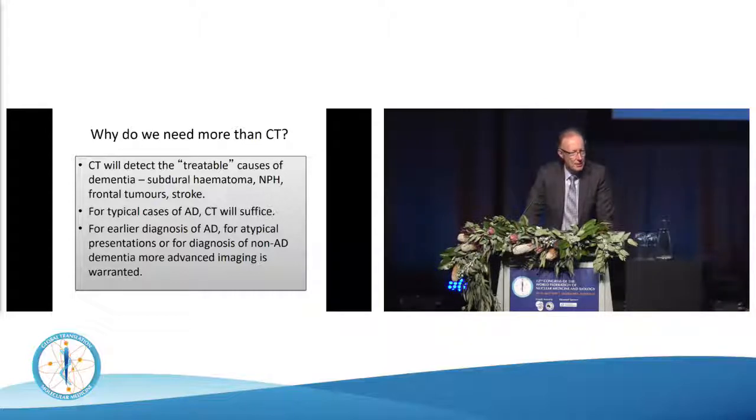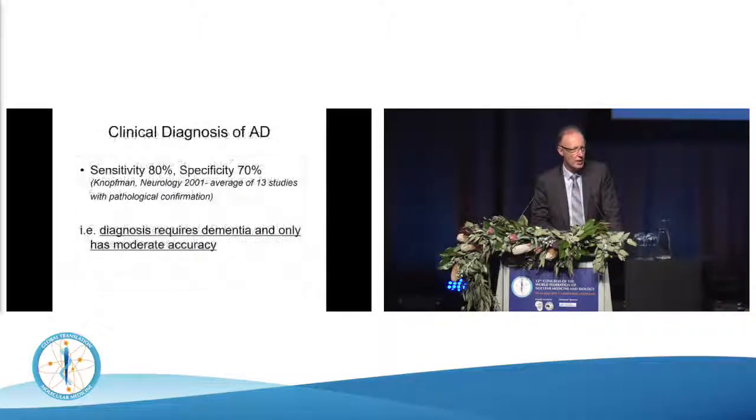So for typical cases of Alzheimer's disease, you can make a reasonable case that a CT scan, being very cost-effective, is good enough. However, for earlier diagnosis, for atypical presentations, or for diagnosis of non-Alzheimer's dementia, you need more advanced imaging. Now, the first step is MRI, but we're not going to talk about that today.